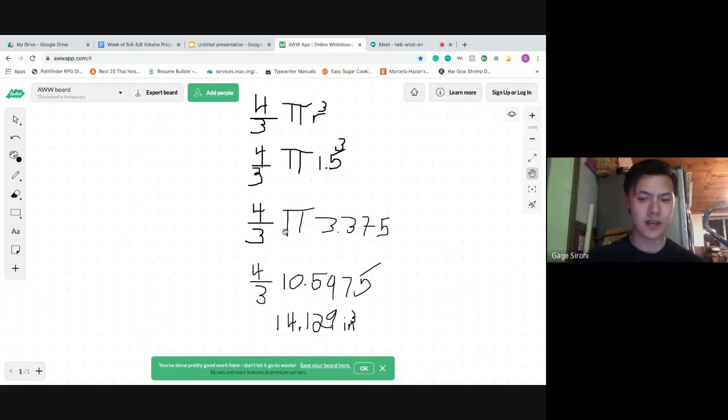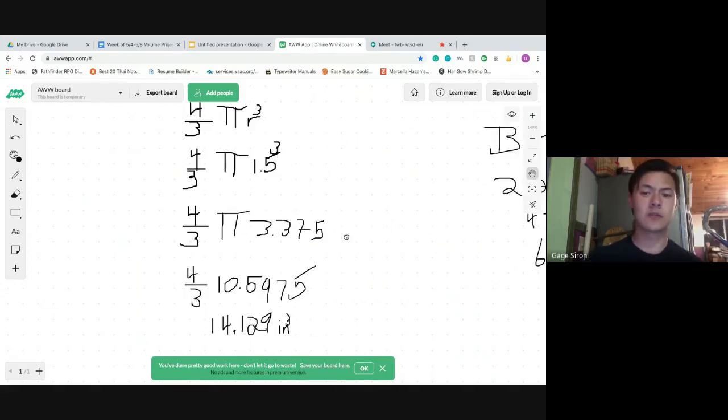If I do pi times 3.375, I get 10.5975. Multiply that by 4/3, which is the same thing as 1.33, and I get 14.129 inches cubed. So again, 4/3 is the same thing as 1.33 if you'd rather use that.